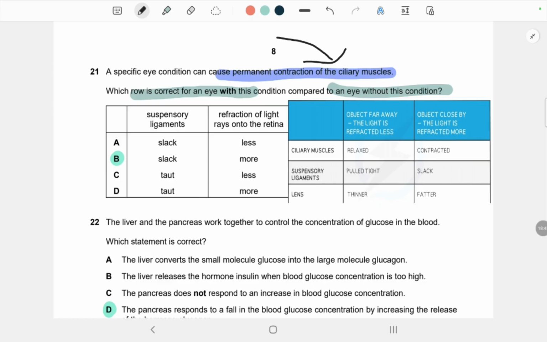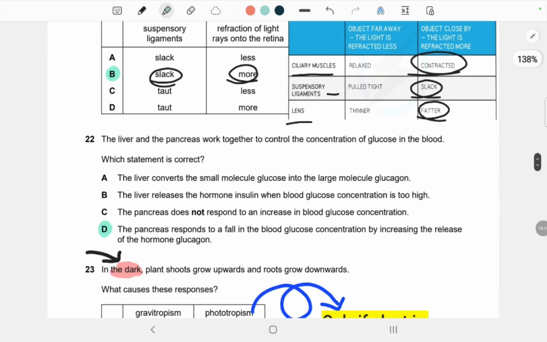So I'm gonna reverse my mind and go to the suspensory ligaments. As I can refer to that table, if the ciliary muscles are contracted, my suspensory ligaments will be slackened. And my lenses will be what? Fatter. So more refraction of light, of course, because more fat, so more refraction of light. You can remember it by this method.